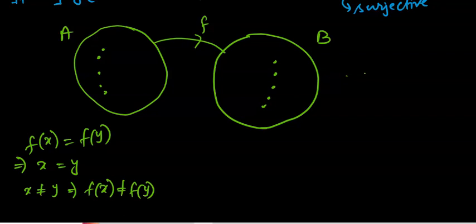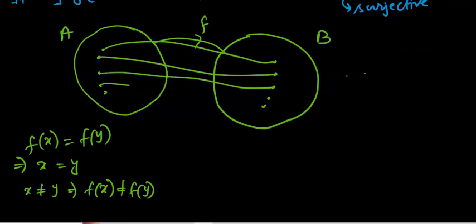So we understand that two x's cannot go to the same y. If this is one x, it must go to one y. This x should go to another y, this will go to another y, and this x will go to another y. So the function is injective.